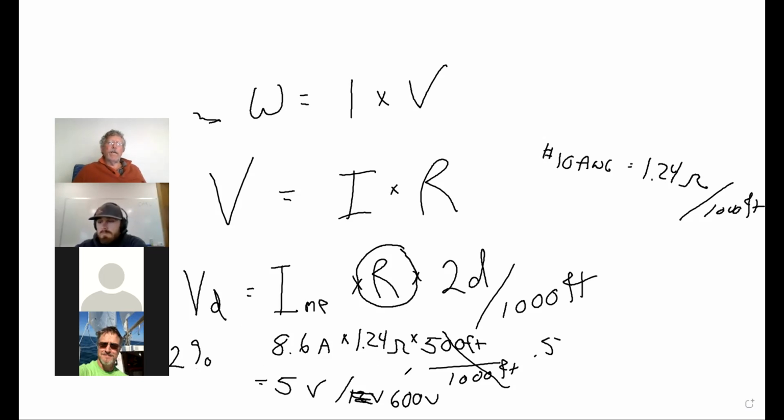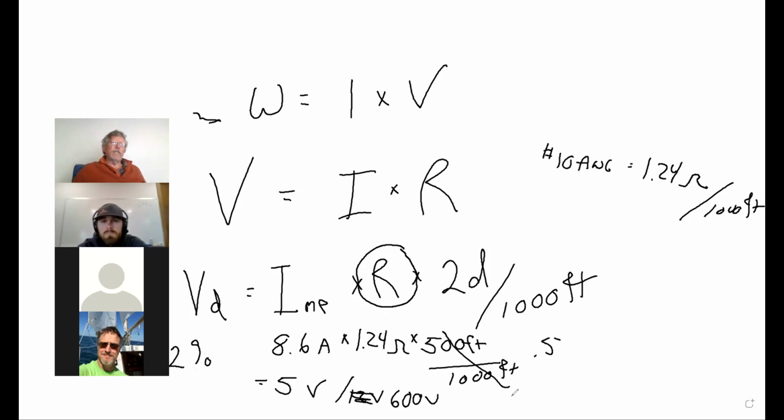So this would be acceptable if I'm losing 5 volts out of 600 volts. I could reduce that by going with bigger wire, and that way I would have a lower resistance, the bigger the wire, or I could shorten the distance. But you should shorten the distance anyway, just to make your system as efficient as possible.